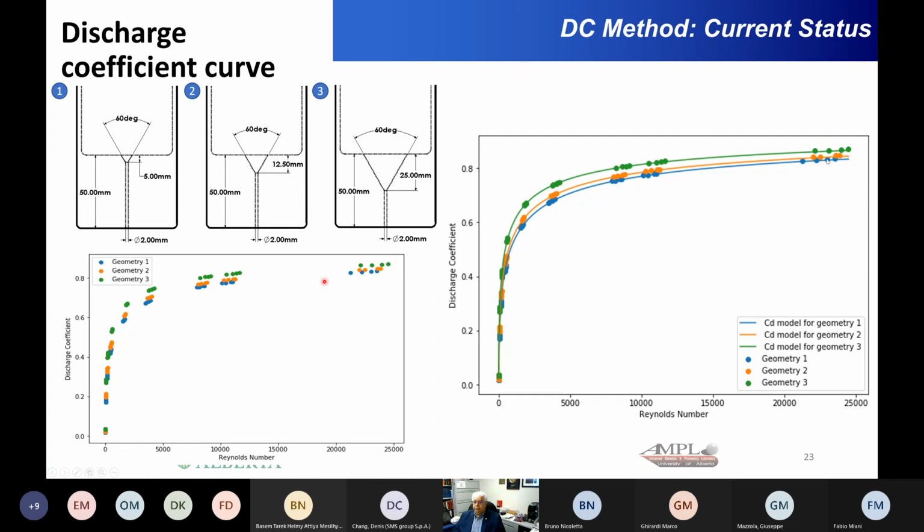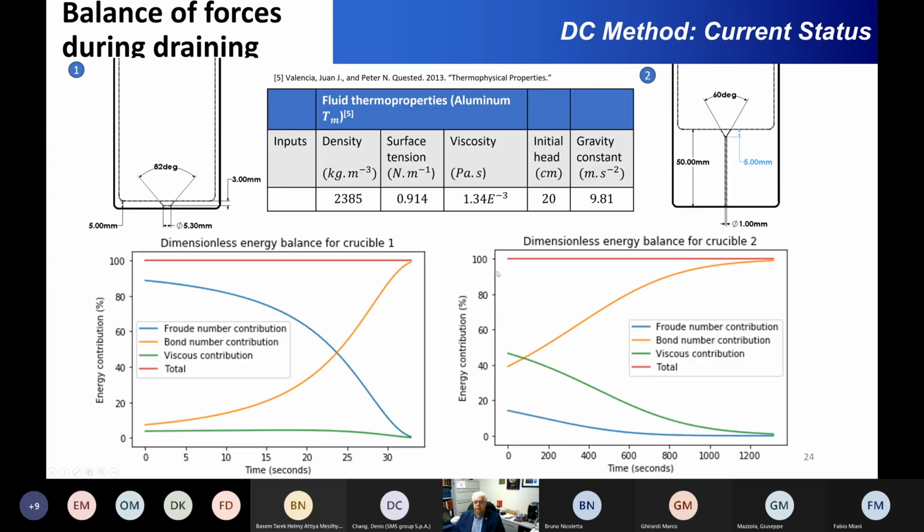And this is for water. And we got really good agreement between those cases. And so we're currently looking at what is the optimum design of orifice that one should have in order to, as you'll see in a minute, maximize the effective forces that are taking place as the crucible is emptying.